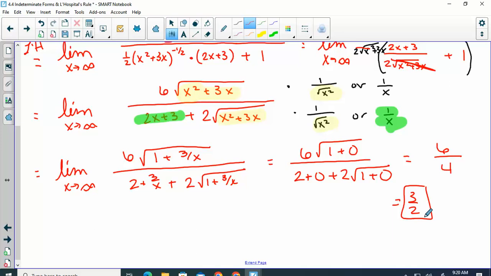So overall 3 halves. That was a pretty ugly version of one of the indeterminate differences. Questions on that one?